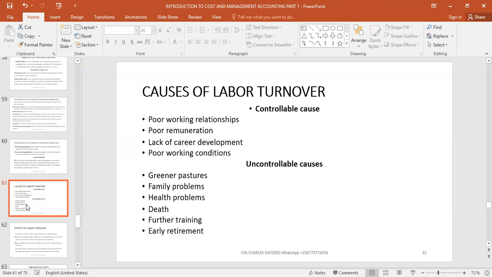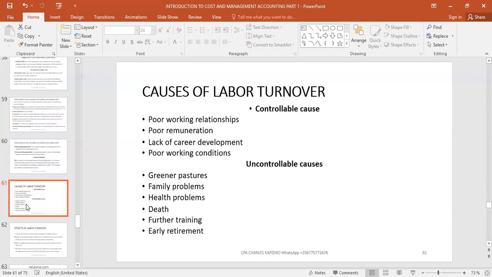Let's say someone is not allowed to rest, or to eat, or even drink water, and it's not provided for at the workplace. You may find someone just leaves the organization, not because the organization is not paying, but because the environment where the person is working is not favorable.